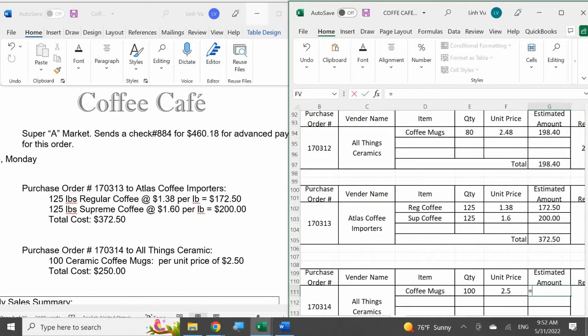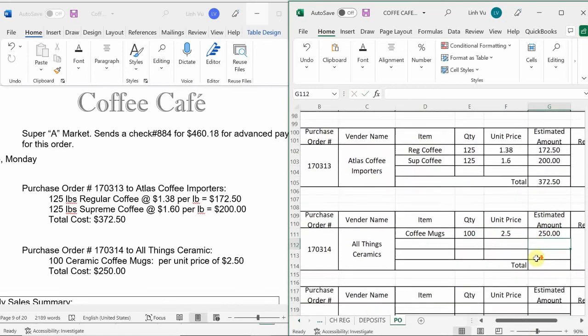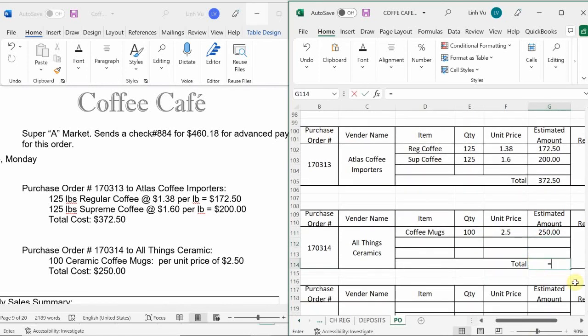So that's what we're looking forward to. 100 coffee mugs for $250. Okay.